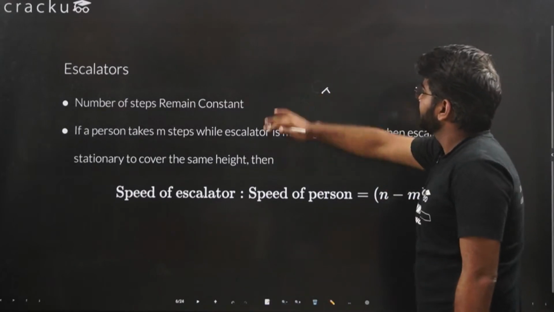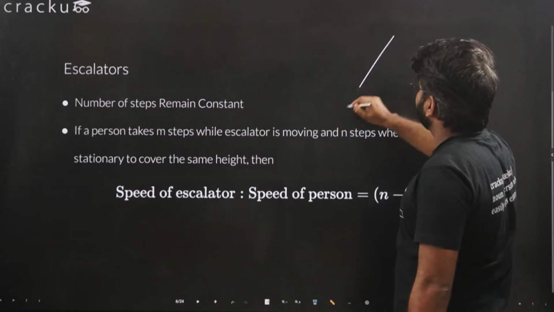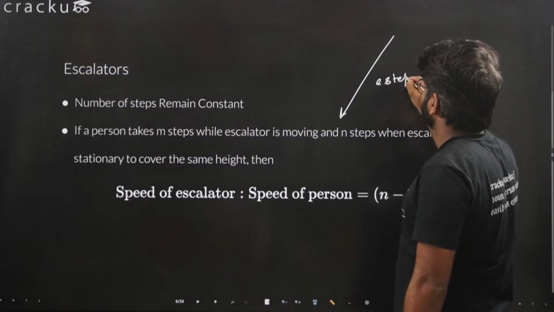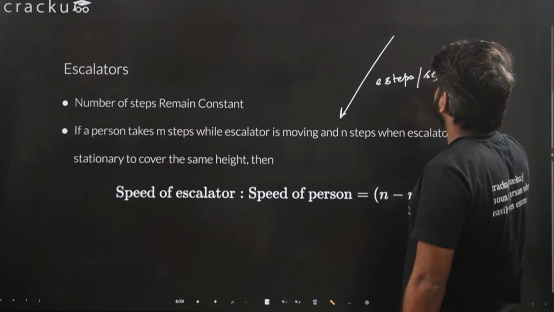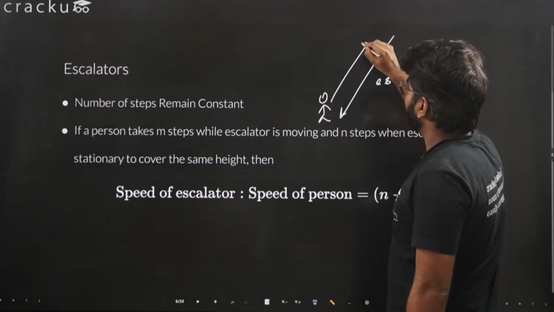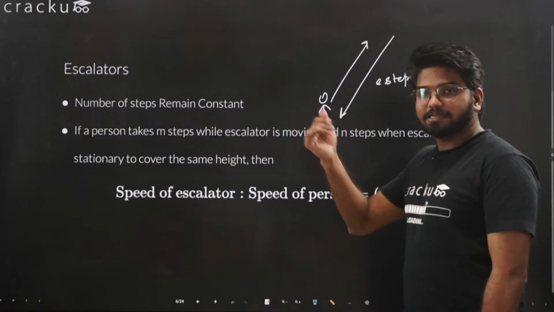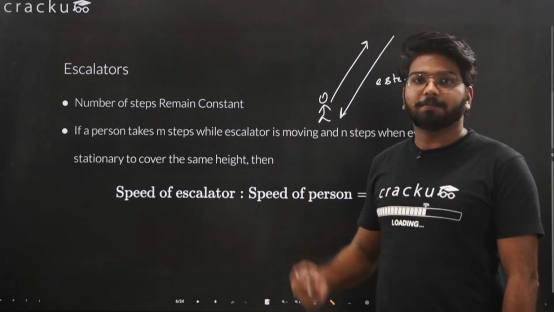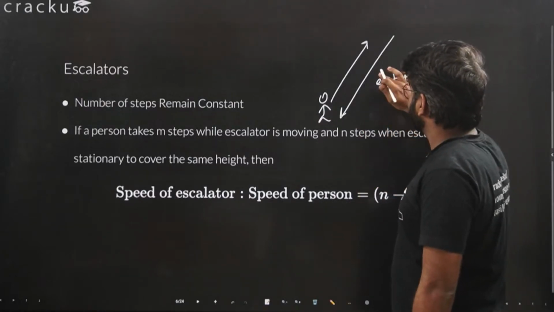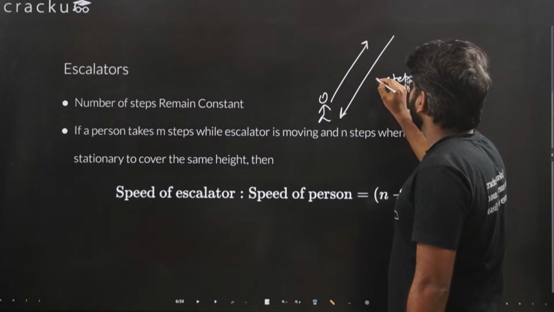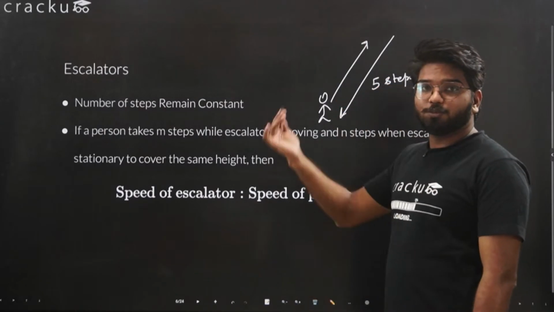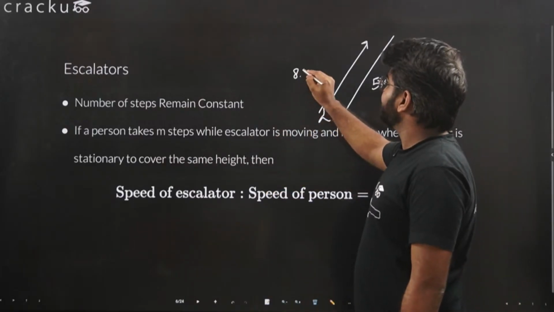That is, let's say the escalator is moving downwards at the rate of E steps per second, and there is a person here, moving upwards. The escalator is coming down, but the person is going up. In that case, let's say this escalator is moving at the rate of 5 meters per second down, and the person is trying to move up at the rate of 8 steps per second.